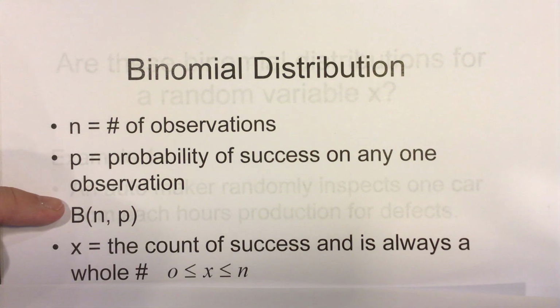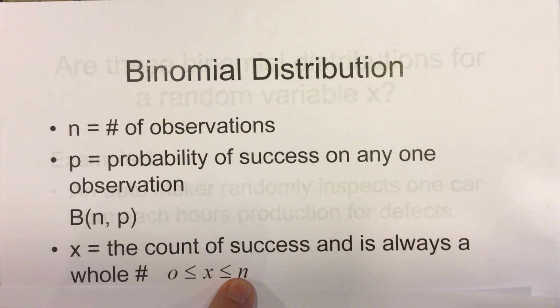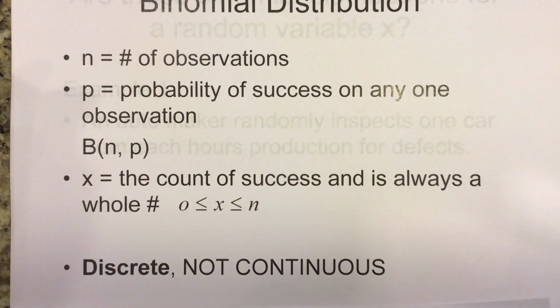Okay, so realize that with this distribution, we're counting how many successes. So the fewest successes I could ever observe would be 0. And the most I could ever observe would be a success on every trial, so n, the number of trials that I do. So realize that that's a whole number and it's bounded, so it is a discrete distribution.